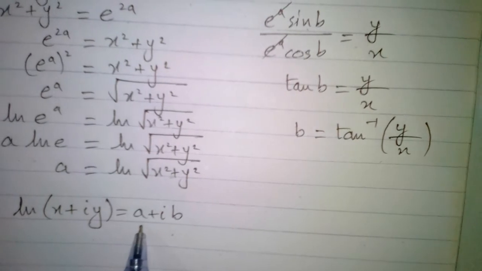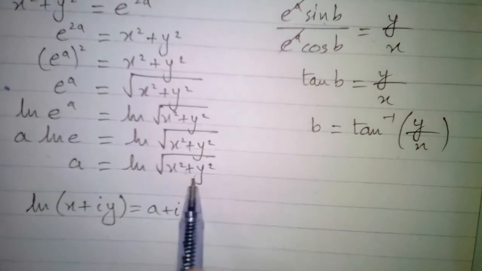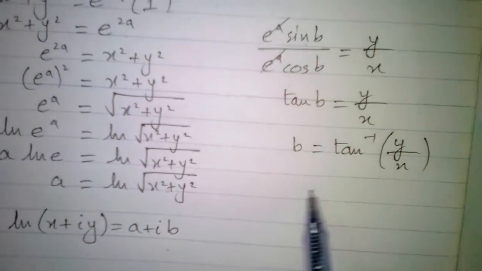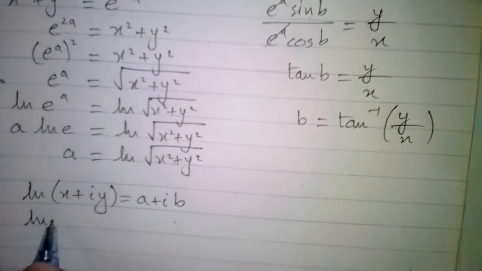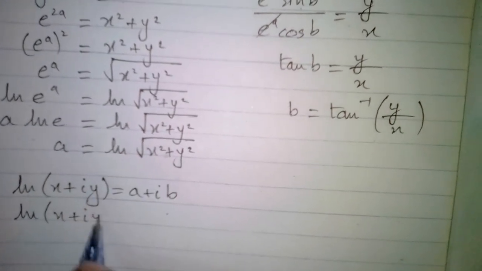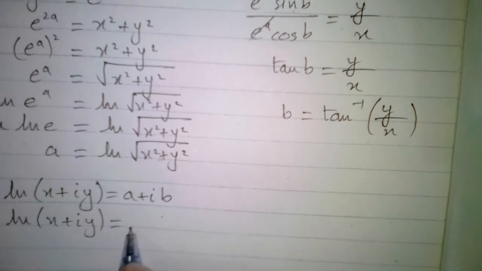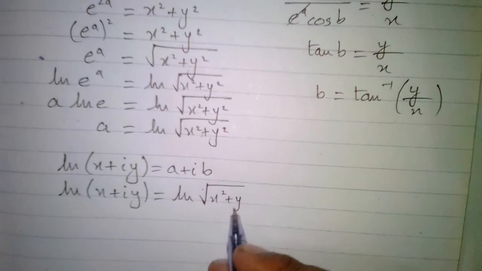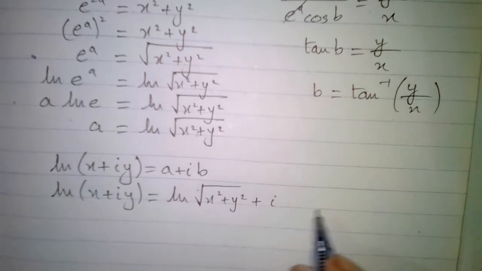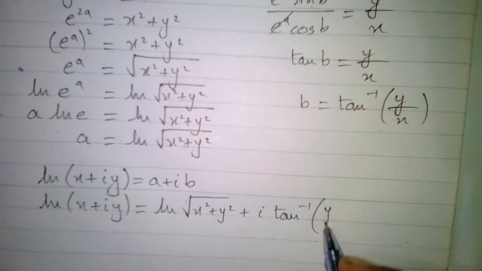So we have to find the value of this a and this b, where a is ln of square root of x square plus y square, and the value of b is equal to tan inverse of y upon x. So we have ln of x plus iota y is equal to, in place of a we can put ln of square root of x square plus y square plus iota, and in place of b we have tan inverse of y upon x.